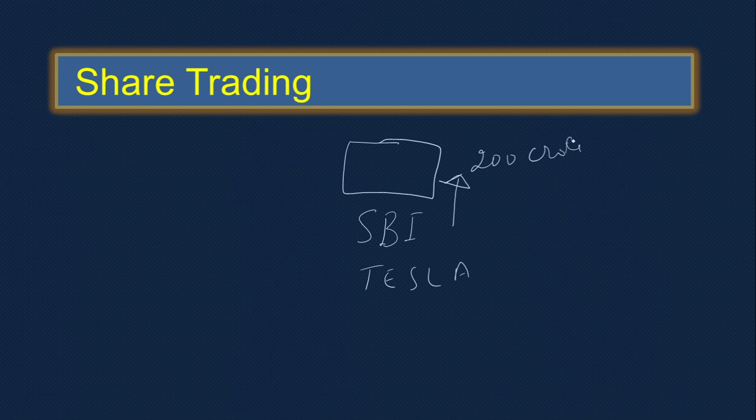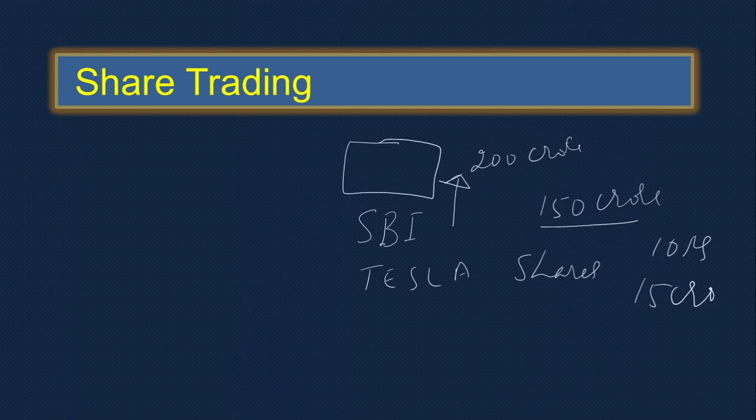Now they require some more money to expand, so they can bring out shares. They want to raise around 150 crore from the shares. So people who are interested can buy these shares. At the face value of 10 rupees, they can bring 15 crore shares, and people who are interested can buy them.